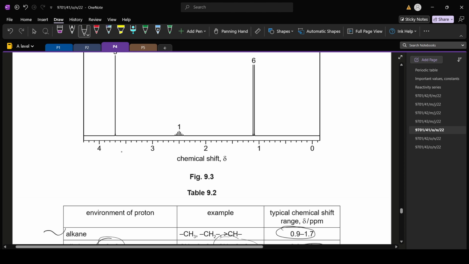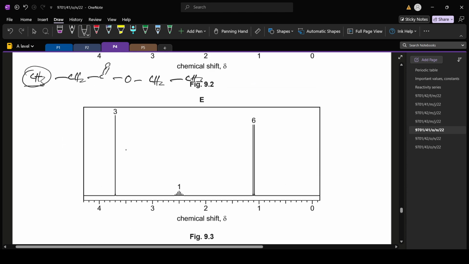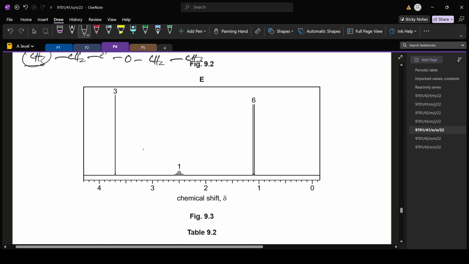Now let's also analyze the structure of E. So E has a doublet, and 6 hydrogens are responsible. So you can imagine that it could be like this: CH and CH3.